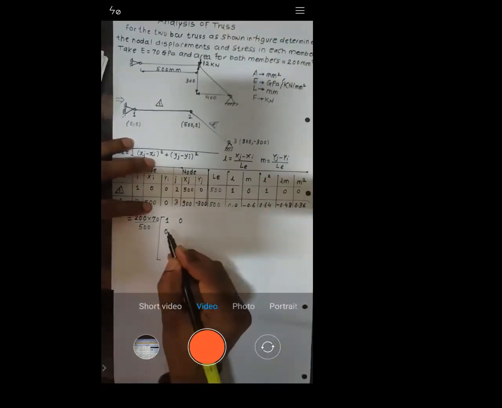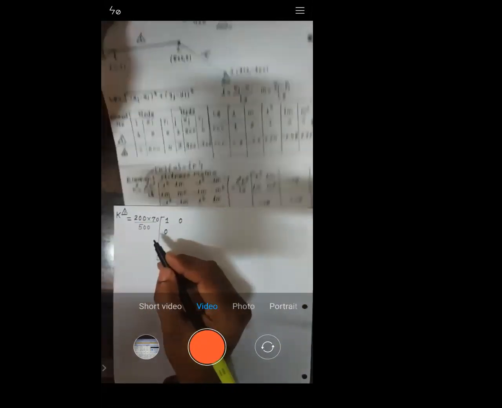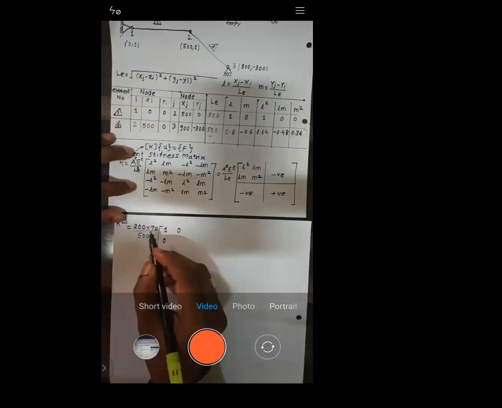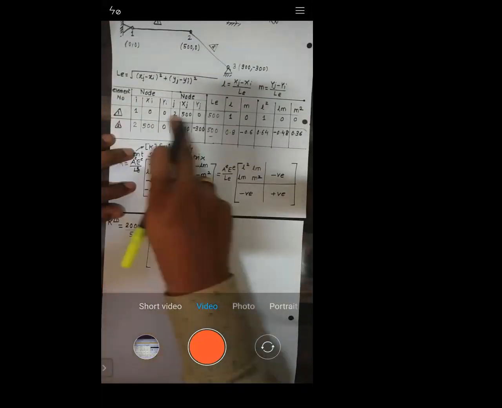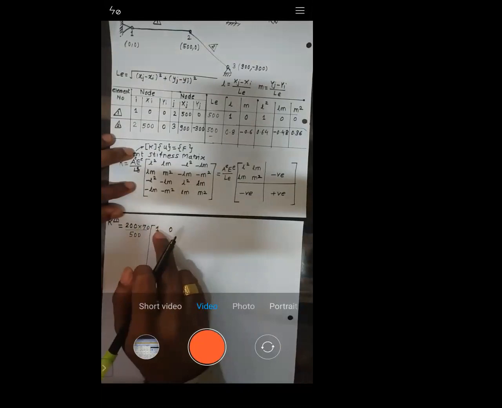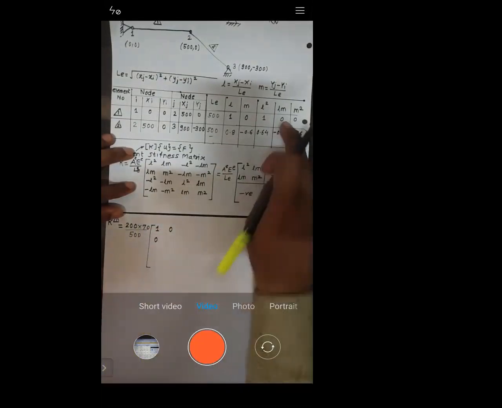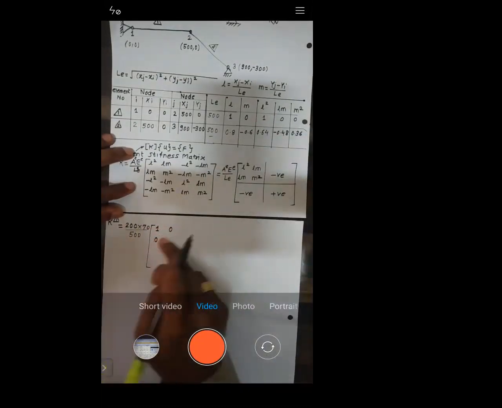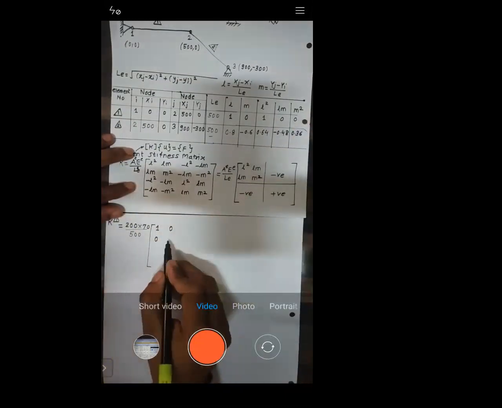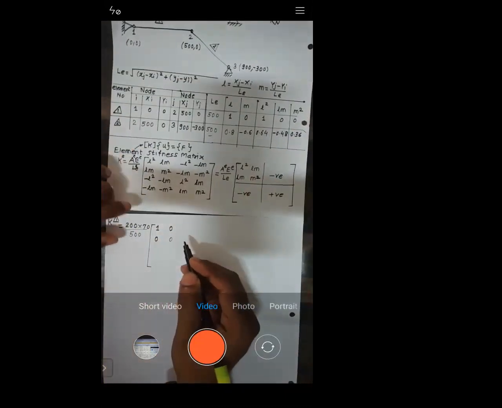See the formula: for element number 1, L square is 1, LM is 0, and M square is 0. Is it okay or not?